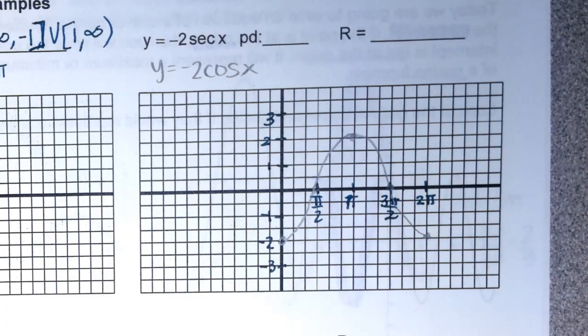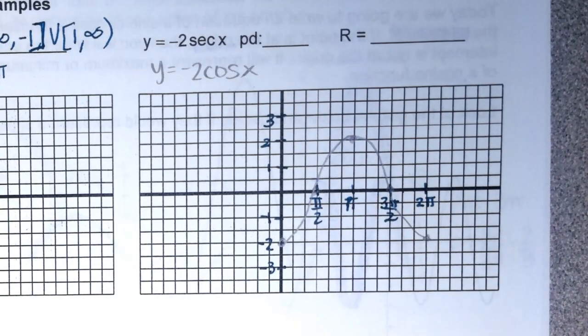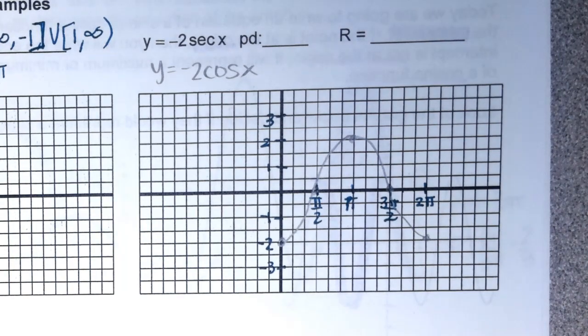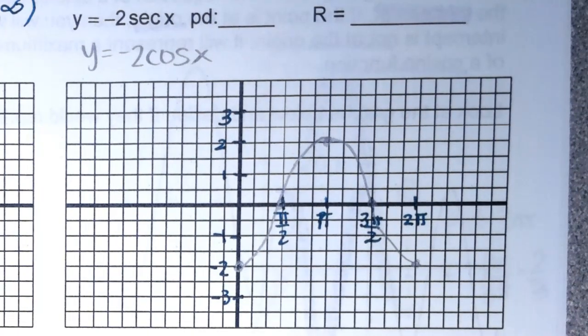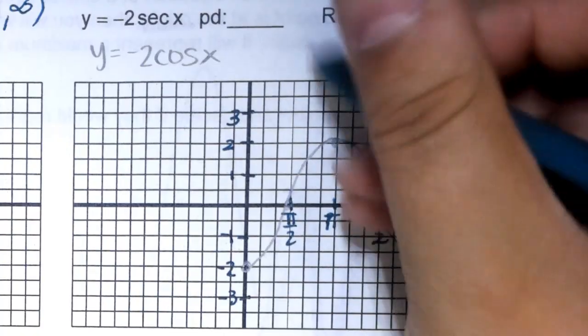Is that the cosine function y'all graphed? Do I have any questions about what I graphed, why I graphed it that way? What do I do now? Graph your asymptotes. Asymptotes are where?